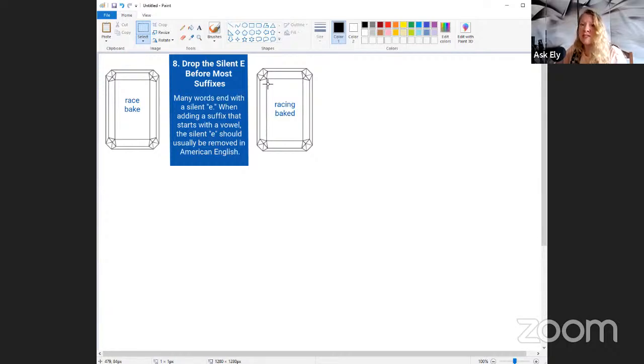Prefix is something that is at the beginning of a word, of the root word. Oh, love that root word. Okay, so we have race, and the suffix ing, racing. Bake, suffix ed, past tense, baked, right? We drop that E. It's not B-A-K-E-E-D. We drop the E and just add the ed suffix. Okay.